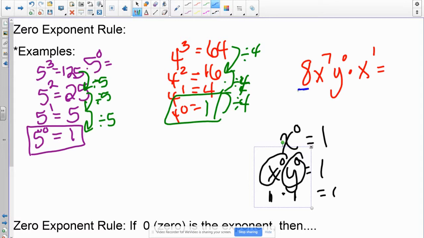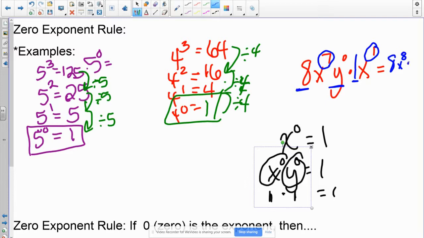As I've said before, you multiply the coefficients, and there's not a coefficient here, but we know mathematically that could be 1. So 8 times 1 is 8, and the exponents we add, so x to the 7th power times x to the 1st power equals x to the 8th power. And here comes that 0 exponent rule: we have y to the 0 power, and we know that value is 1 now.